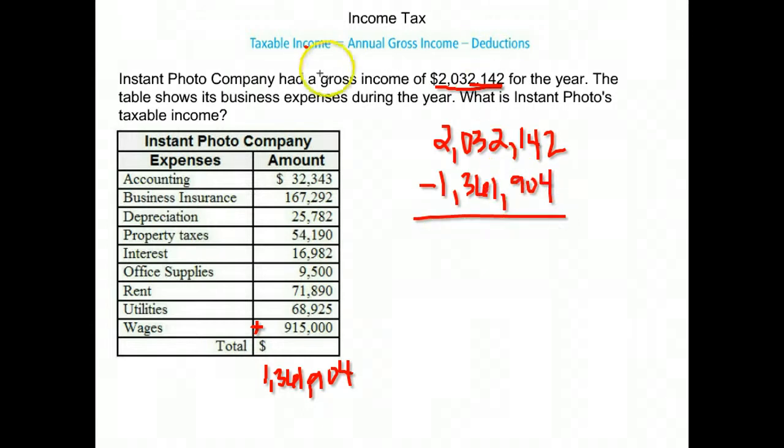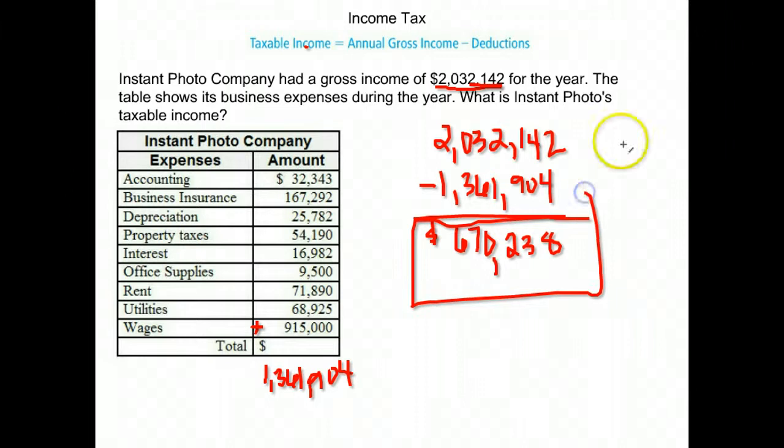We subtract those and we will have our taxable income. That gives us $670,238. That would be our taxable income.